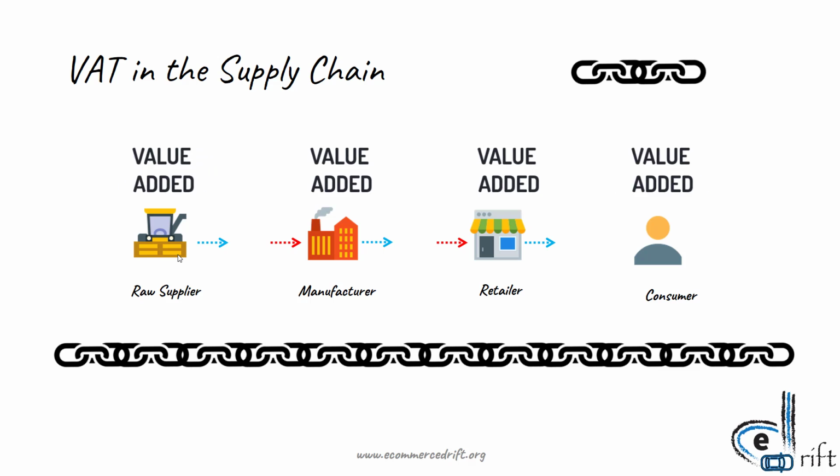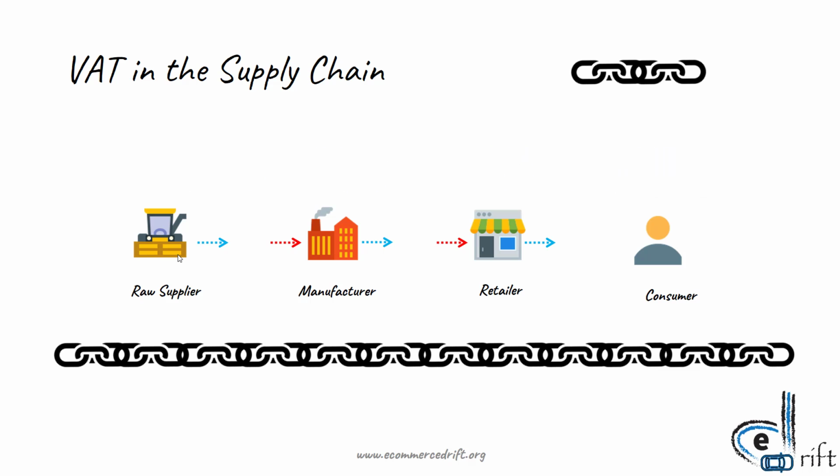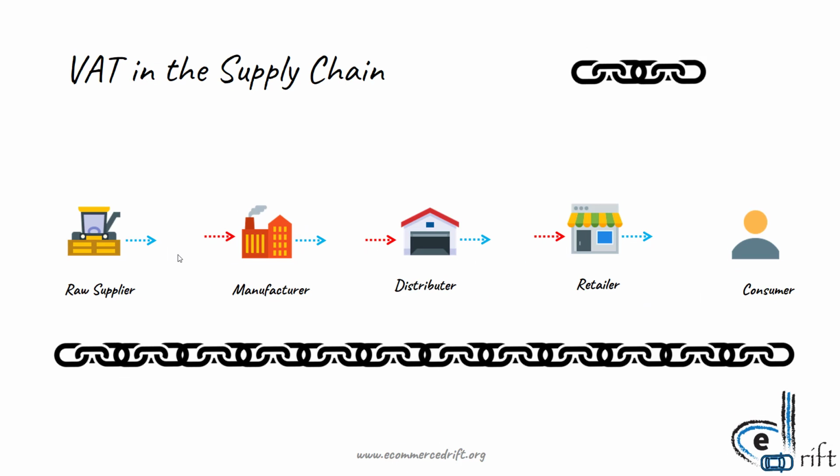Now, this isn't the real supply chain. There's one very important entity that is missing, and that is the distributor or wholesaler. Once the distributor is added to the supply chain, it adds value.